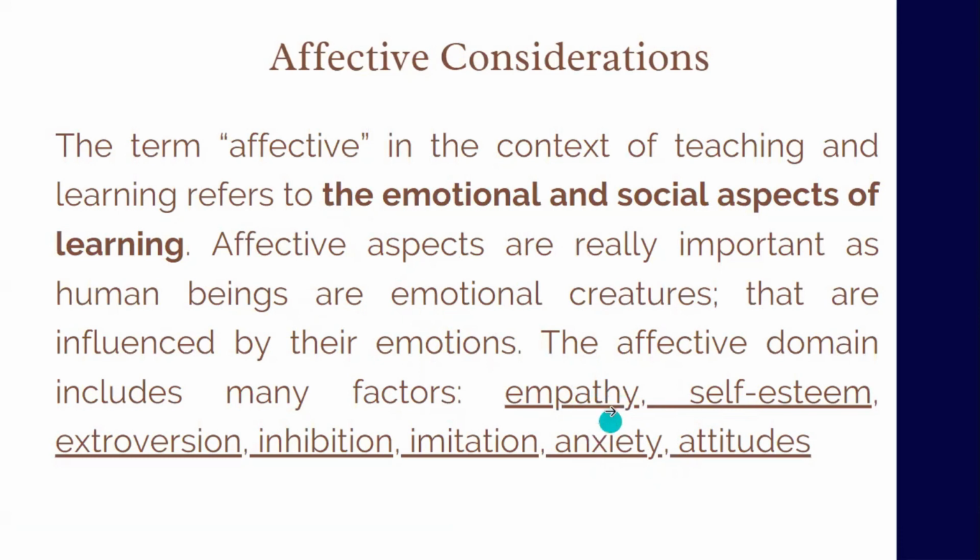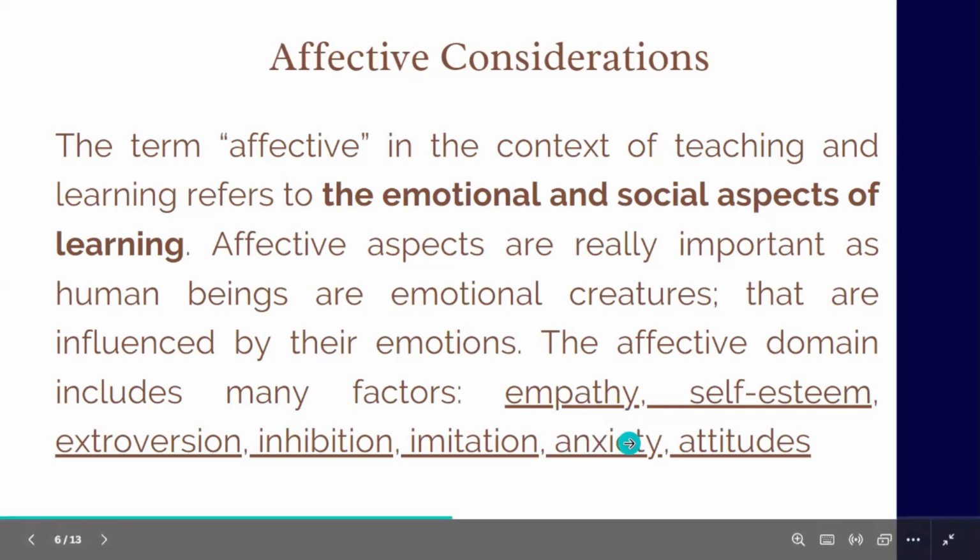Now, the affective domain relates to age because the more humans develop with age, the more their affective aspects would improve too. For example, the aspect of empathy. Students at a very young age might not have high empathy, but as they grow older, they would have more empathy. The same goes for self-esteem.